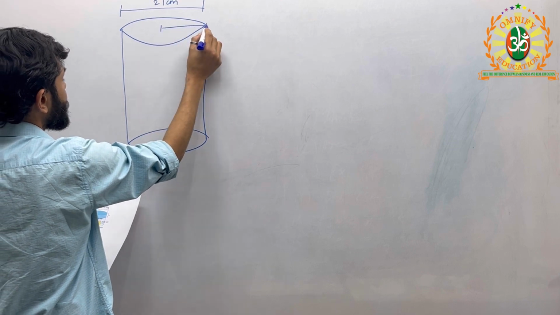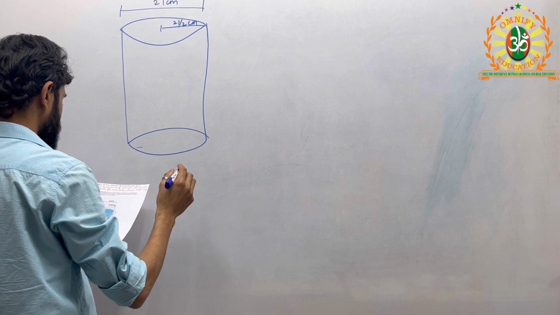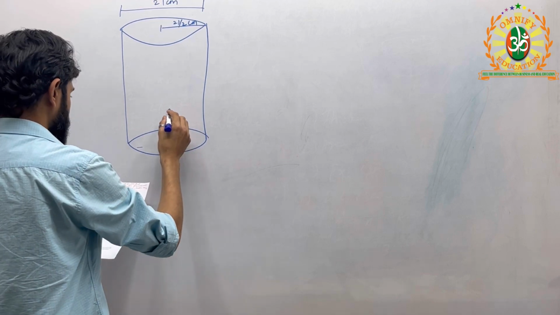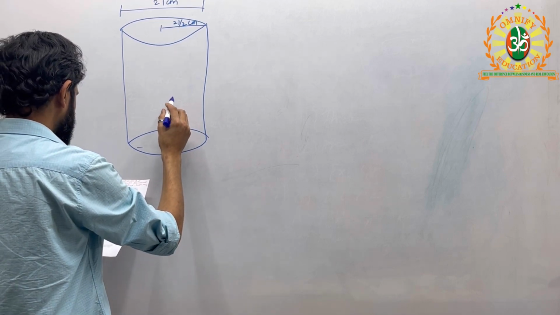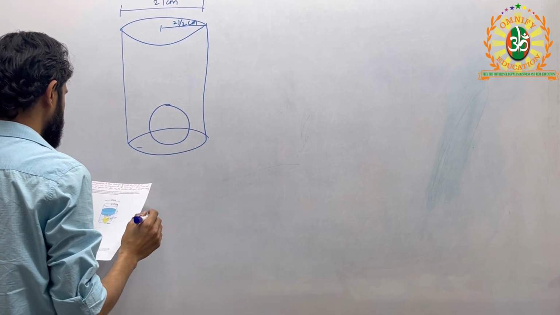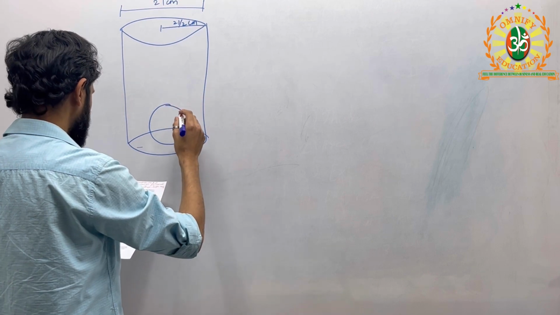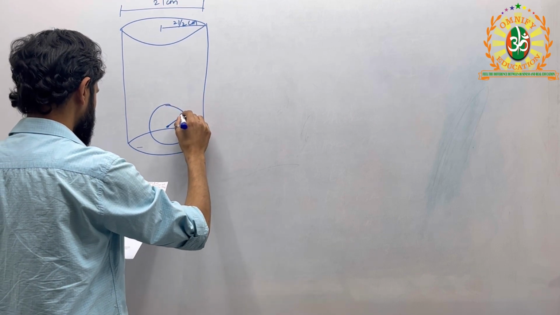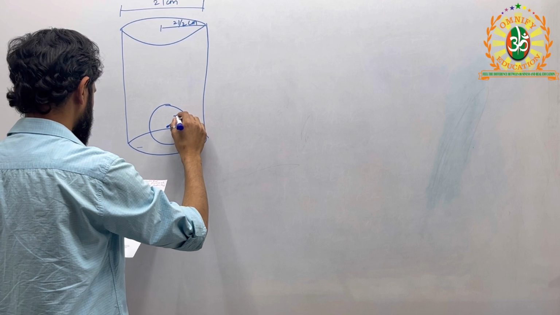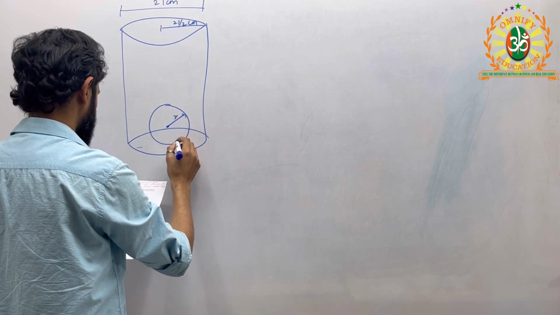So the radius would be 21 by 2 cm, and a solid sphere is lowered into the cylindrical can filled with water.